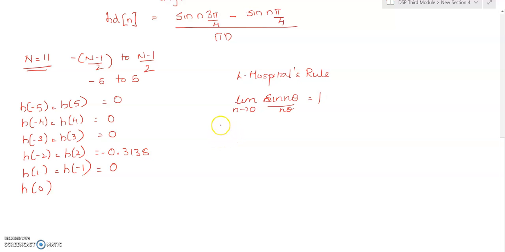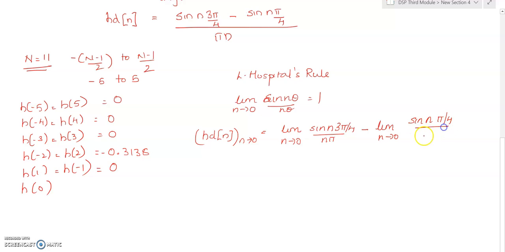So if our equation is considered HD of n where n tends to 0, it will be like limit sine n 3 pi by 4 by n pi, where limit n tends to 0, minus limit n tends to 0 sine n pi by 4 by n pi.